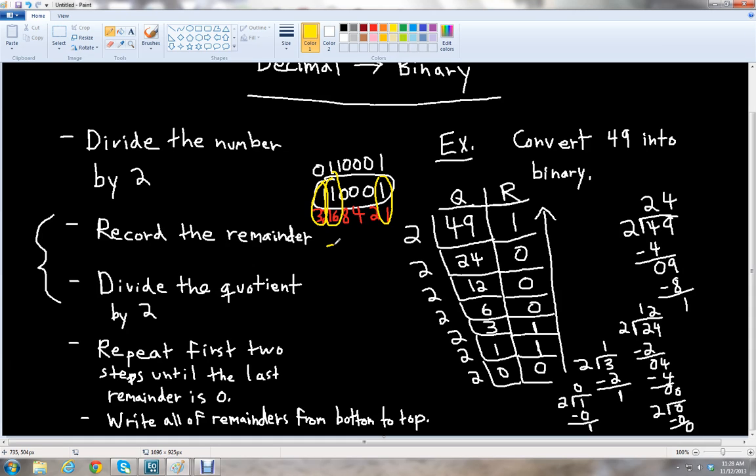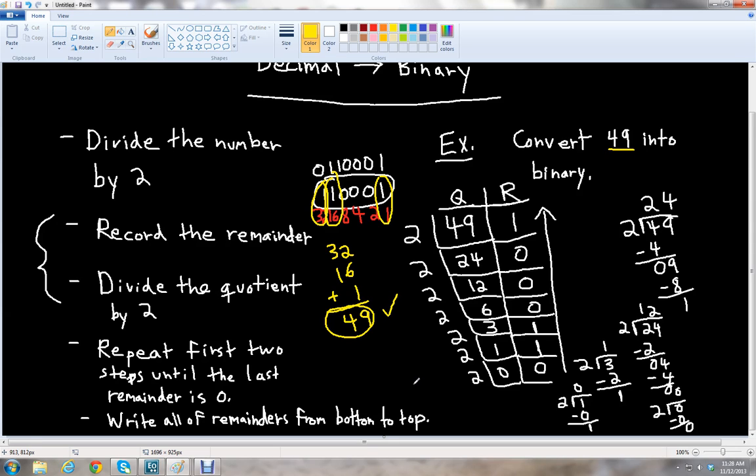So 1 with 32, 1 with 16, and then the last one is just with 1. So if we add all those together, we get 49, which is the decimal number we started with.